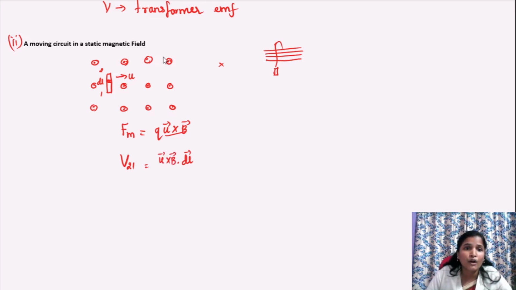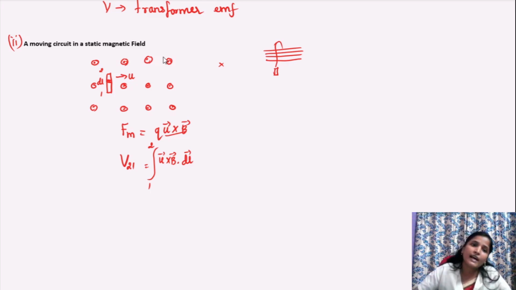For the total 1 to 2 length, we will just take the integral from 2 to 1. You understood the concept? So the magnetic force causes the charges to move with a velocity u vector, and there we got the induced EMF.